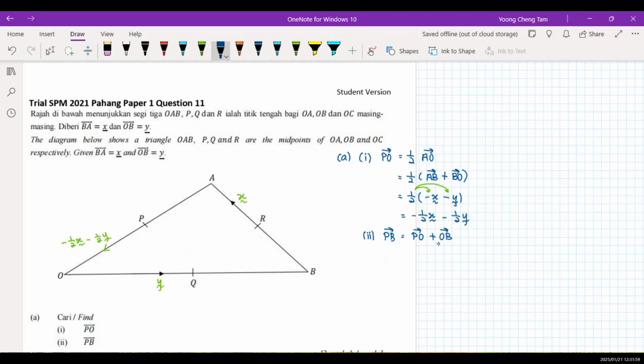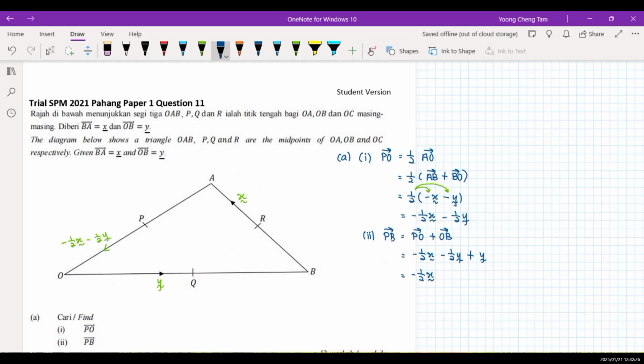Let's substitute the vectors. PO we can get from the answer A1, so it is negative 1 over 2x minus 1 over 2y. After that, continue with vector OB. OB is equal to y, so plus y. After that, do the calculation. Negative 1 over 2x: we don't have a like term, so we can just copy the term.